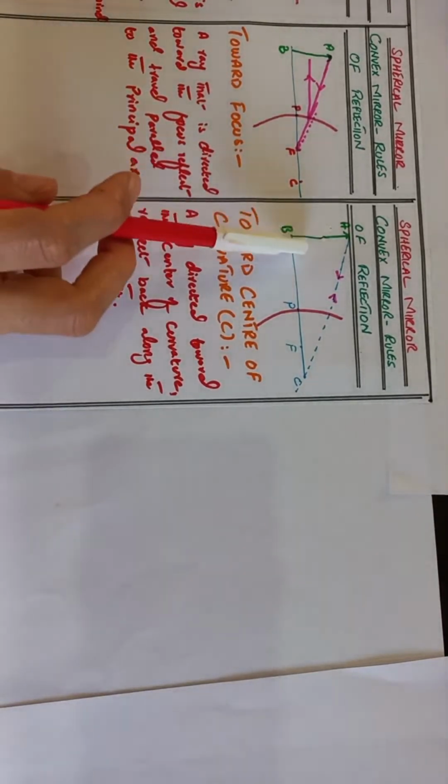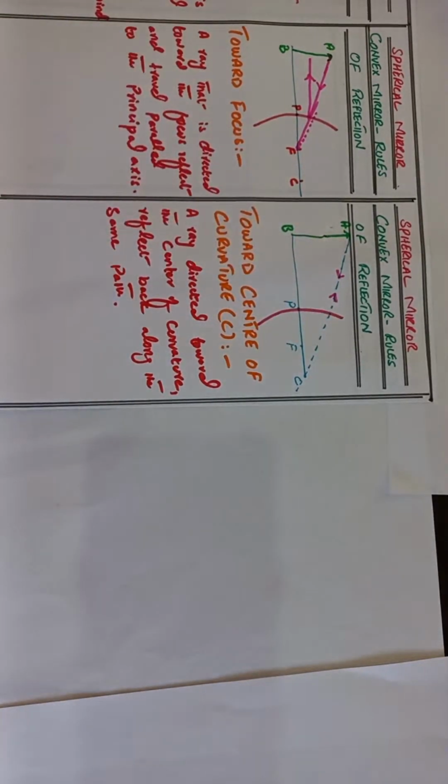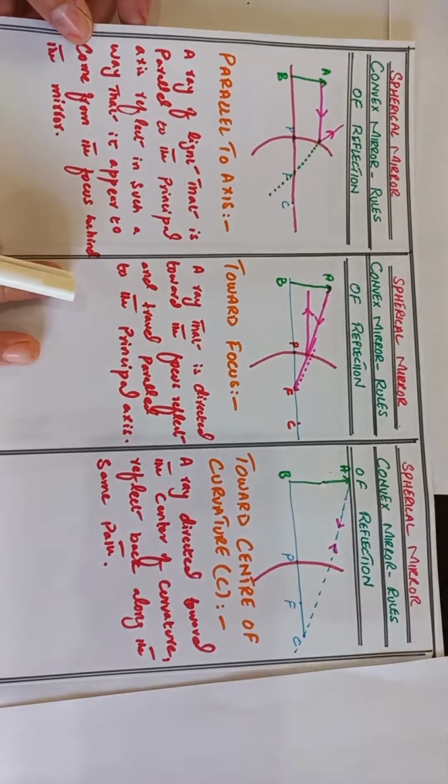So whenever the ray is directed toward the center of the curvature, it reflects back along the same path. That is the three rules that today we discuss.